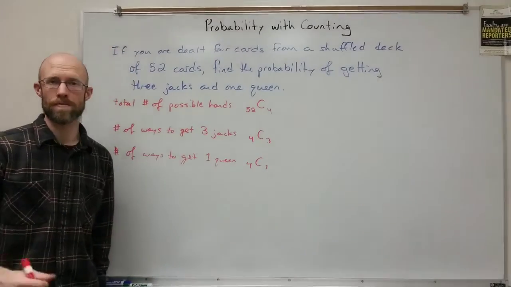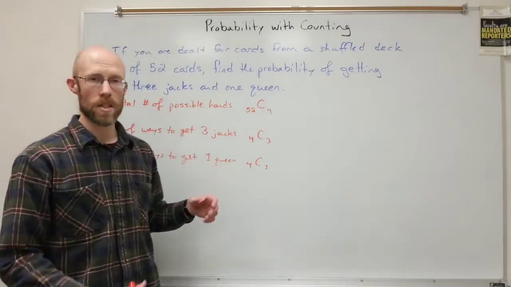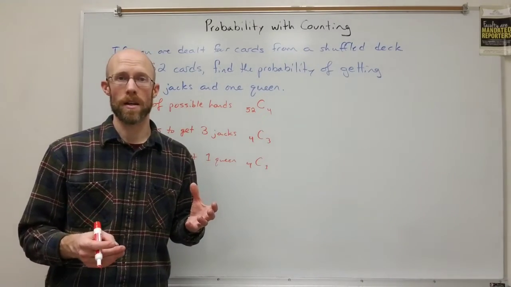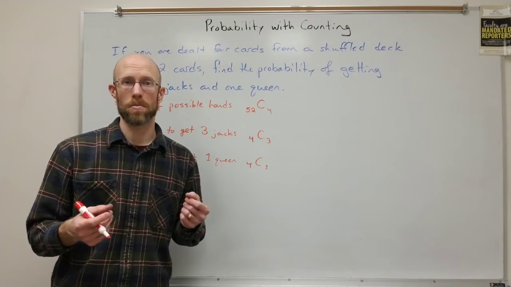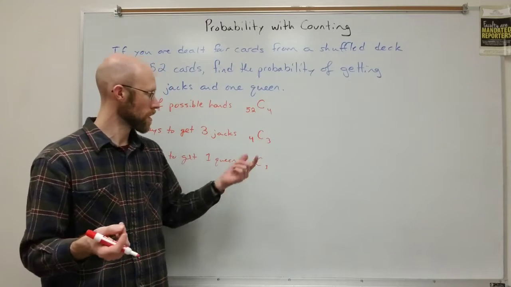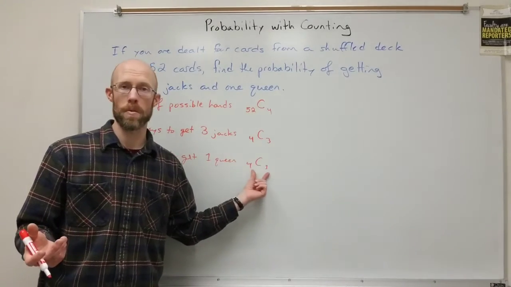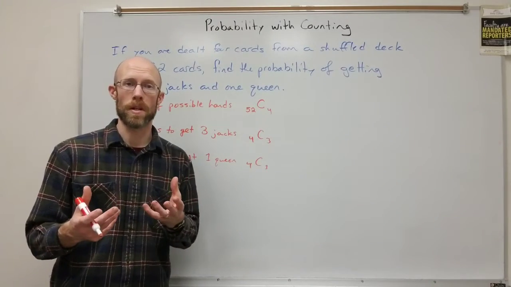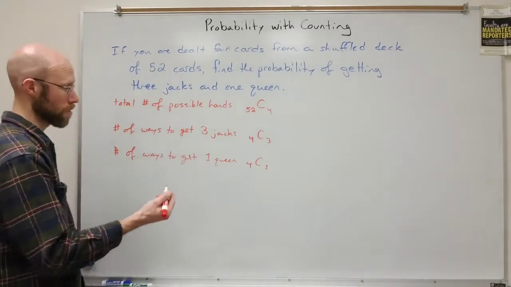So 4 choose 1. Now, what's interesting is that to get the total number of ways to get 3 jacks and 1 queen is to multiply. You got 4 choose 3 options for the 3 jacks, 4 choose 1 options for the 1 queen. Multiply them together to get the total number of ways to get both. Okay, that's our fundamental counting principle.